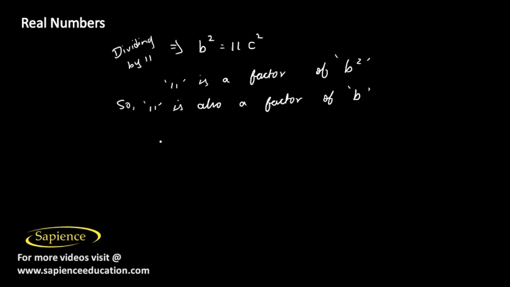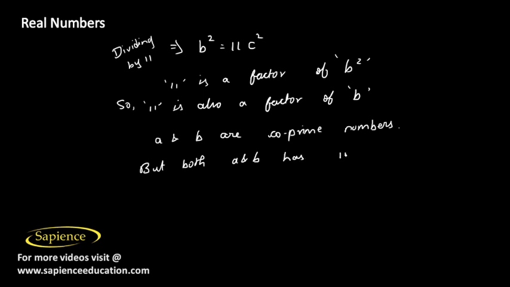Now a and b are co-prime numbers, but both a and b have 11 as a factor.